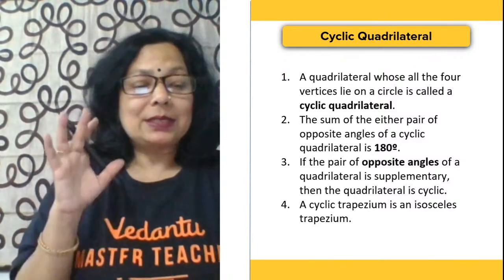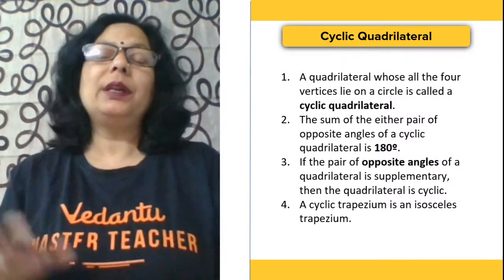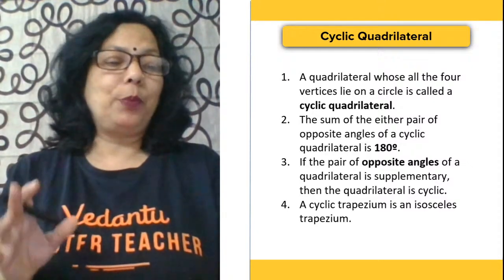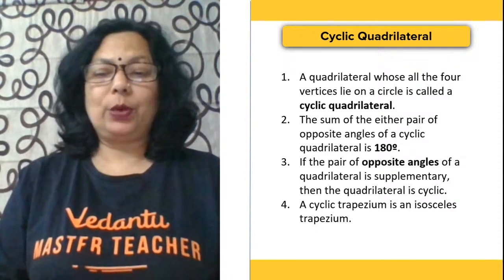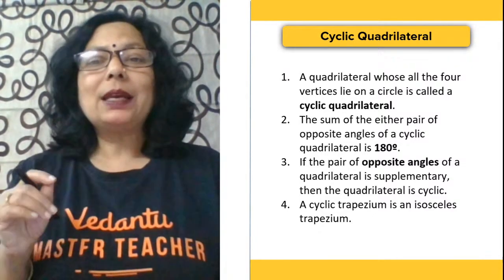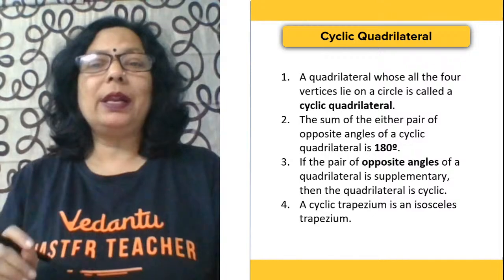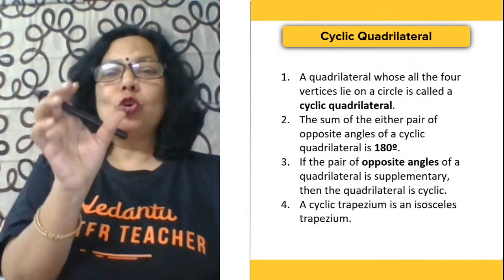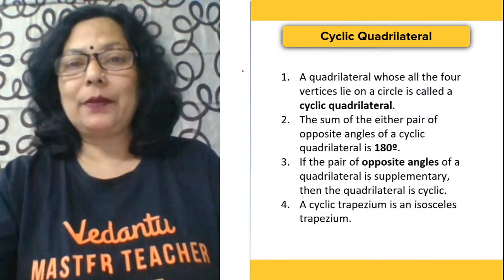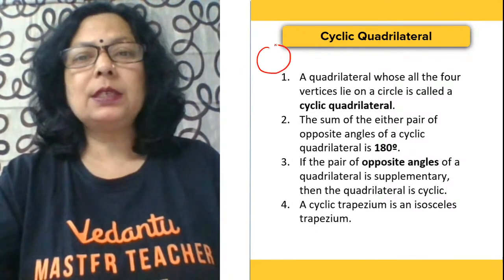Now comes cyclic quadrilateral. Today's lesson is very, very important, because you are doing consolidated properties of the quadrilaterals today. What is called a cyclic quadrilateral? A quadrilateral whose four vertices lie on a circle, means a quadrilateral inside a circle. This is a circle.